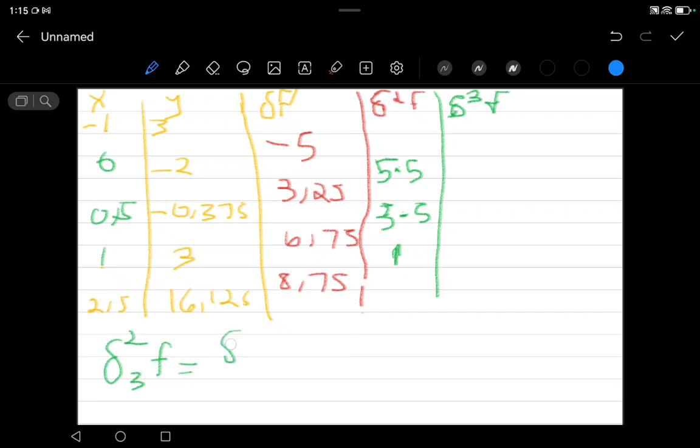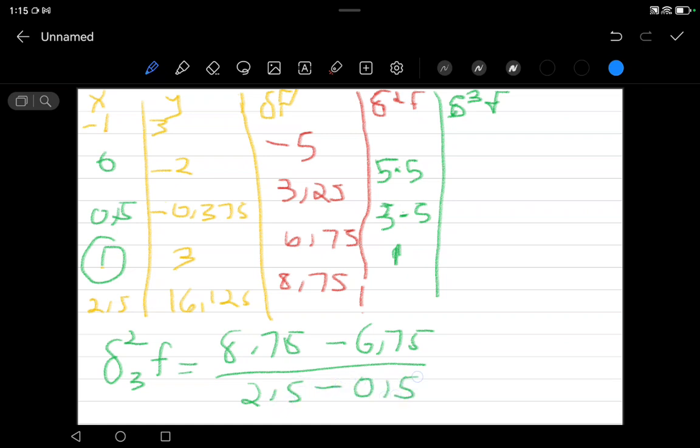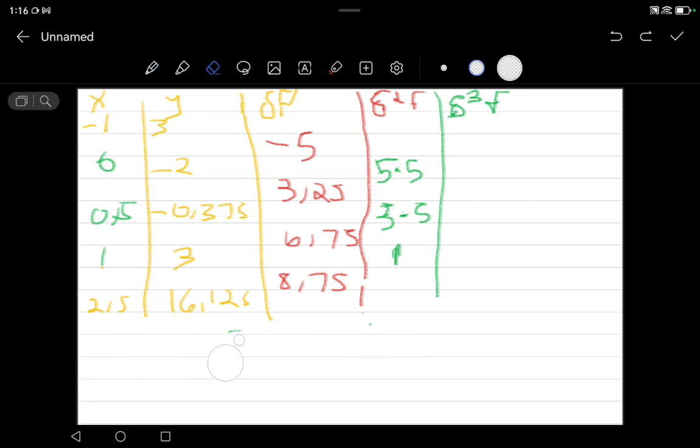So it's going to be 8.75 minus 6.75 over, remember we skip one value, so it's going to be 2.5 minus 0.5. And then you're going to get the value 1. Okay.